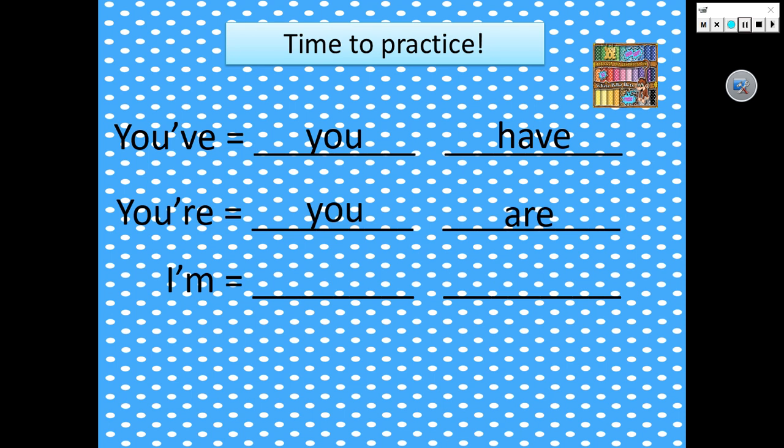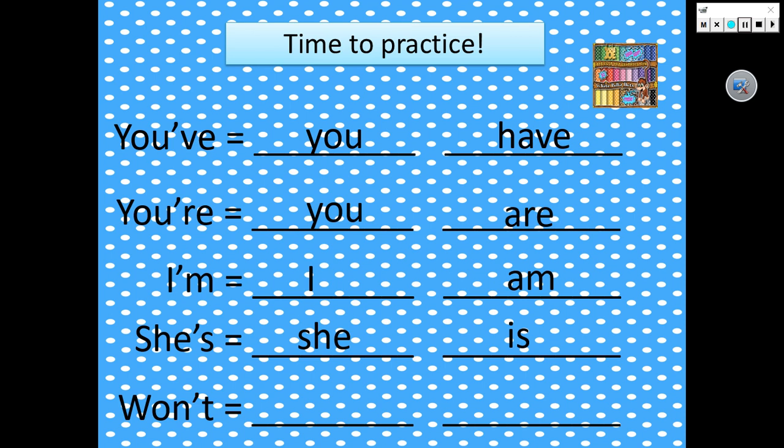Figure out on your piece of paper, write down what two words are in the contraction I'm. The answer is I am. The next contraction is she's. So think about what are the two words in the contraction she's. Write it on your paper. And you should have she is.